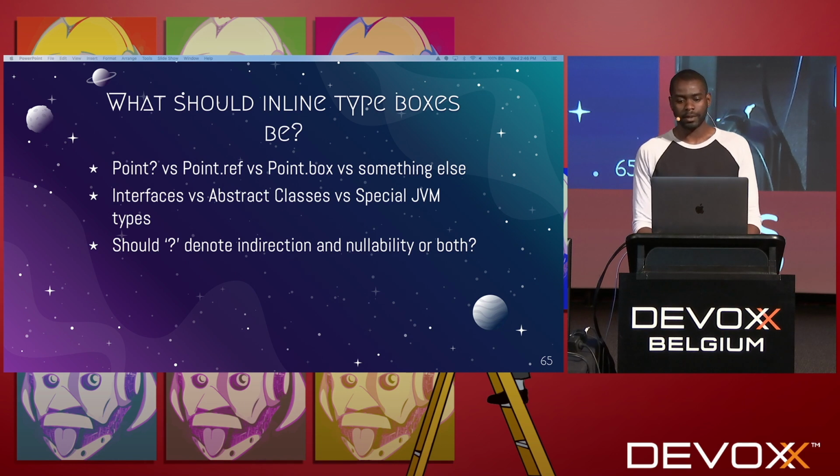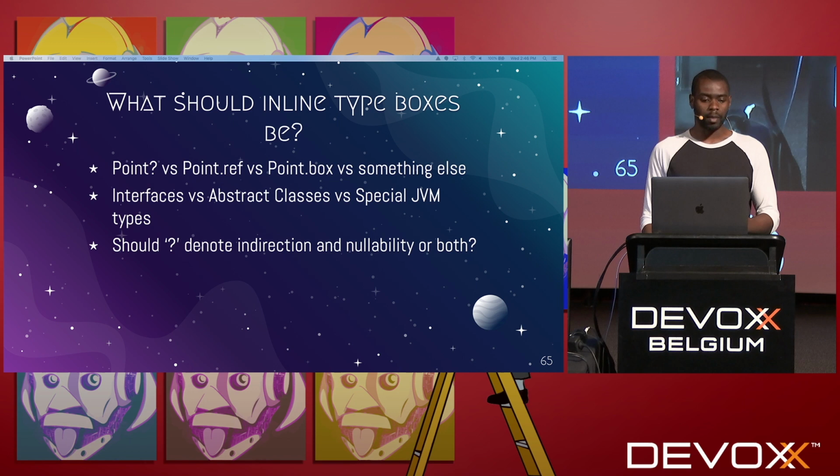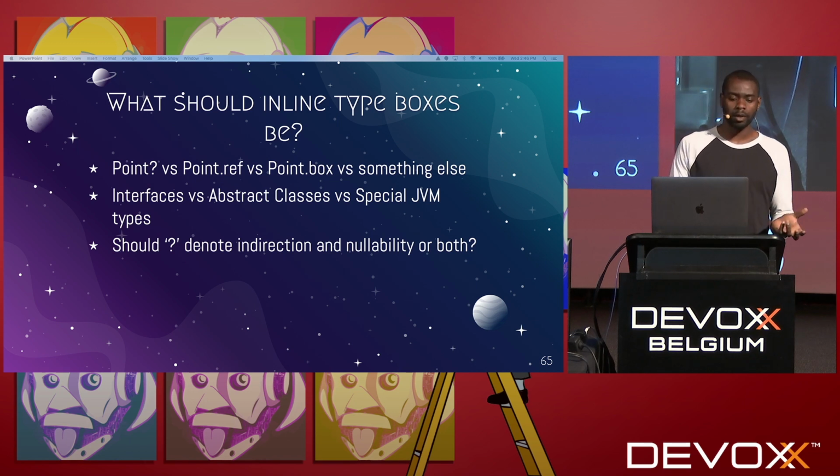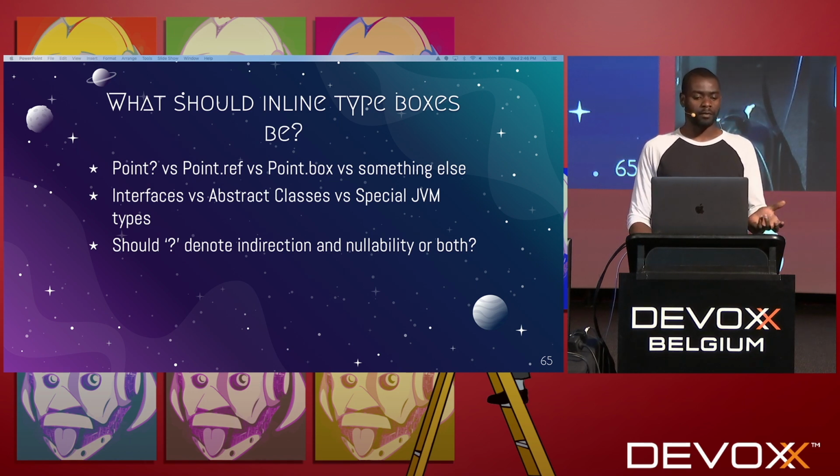So a lot of progress has been made in this project, but there are still some key questions. One of them is, what should inline type boxes be? Should they be nullable inline types? From a syntactic perspective, how should they be represented in the language? LW2 represents them as a question mark, but they could easily be point.ref or point.box or something else.